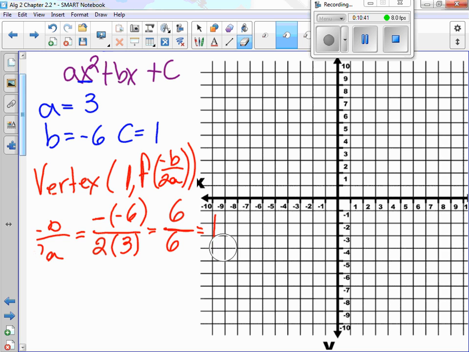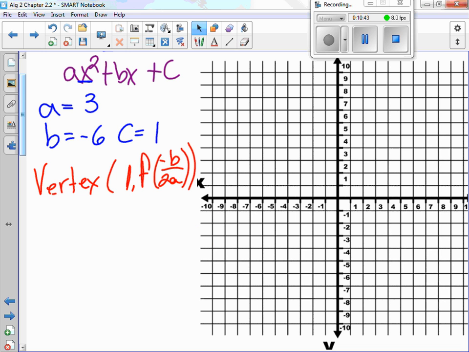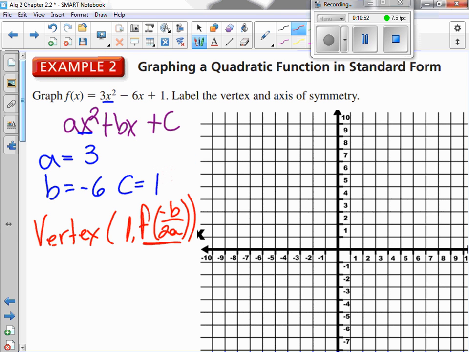So if we're good with negative b over 2a, now we need to tackle this f of negative b over 2a, yes? Well, what is negative b over 2a? We found that, didn't we? We found it to be what? 1, yes? F of 1. This should look familiar, shouldn't it?